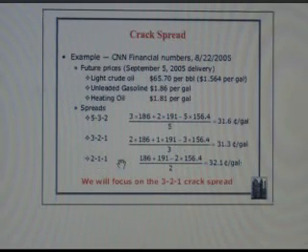And this example here shows 3 ways. This was taken from CNN Financial, the numbers in 2005. These are the 3 ways of calculating the spread, and the 3 different ways give you similar numbers. Okay? We will focus on the 3-2-1 spread, on this way.